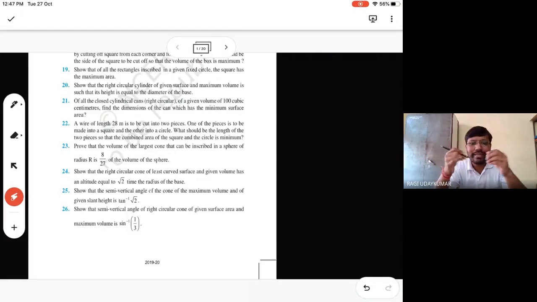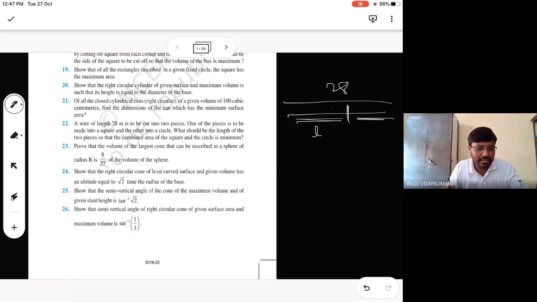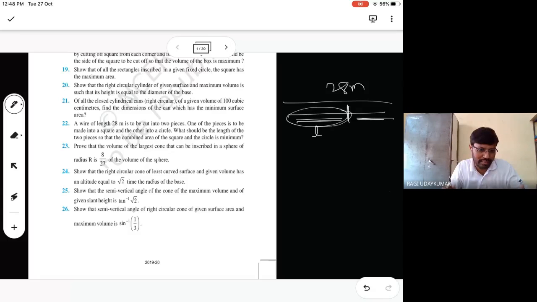Now let us consider the length of the square. Out of the whole length, the square's part length, you consider as x, or consider it as length, whatever it may be, that's up to your choice.